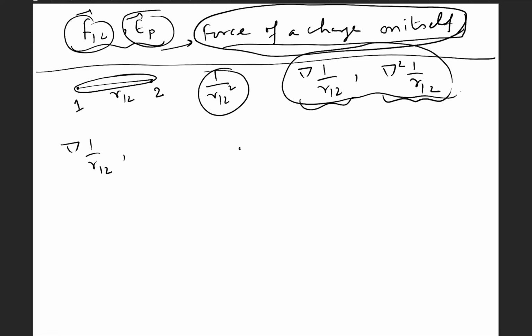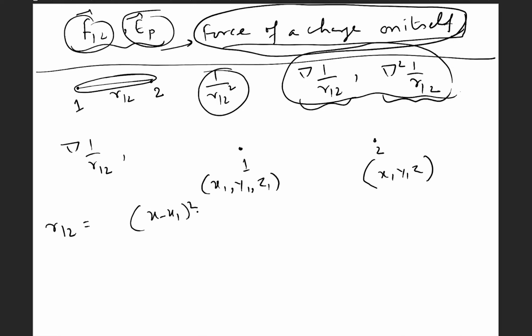What is R12? Let us say this is point 2 and this is point 1. Point 1 has coordinates x1, y1, z1, and point 2 has coordinates x, y, z. So R12 is (x minus x1) squared plus (y minus y1) squared plus (z minus z1) squared, the whole raised to power 1 by 2.